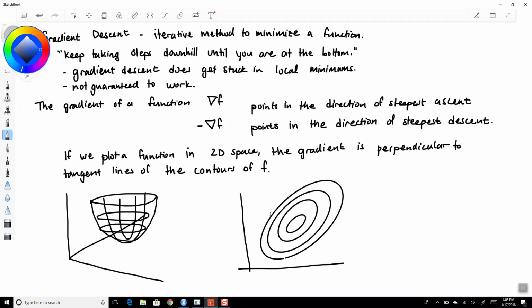Anyway, we have some kind of tangent line here, and I can't even draw. This is supposed to be perpendicular. This would be the direction of the gradient. And so we just go in the direction opposite of the gradient.